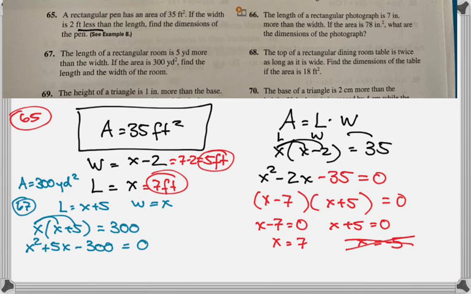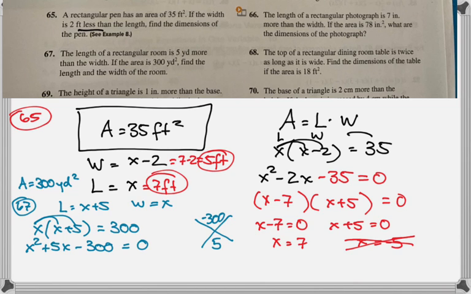Which two numbers multiply to negative 300 but at the same time add to 5? 20 and 15.